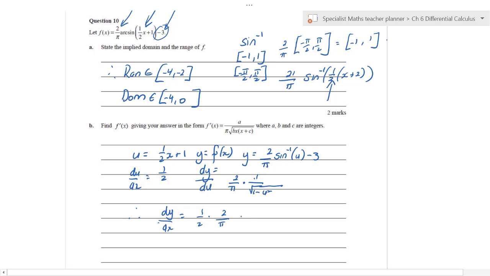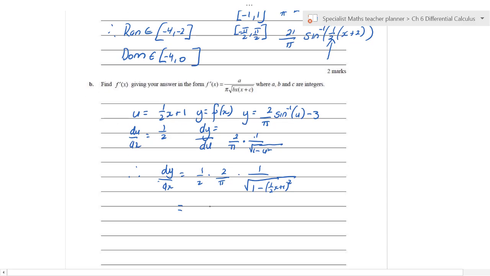times 1 over the square root of 1 minus u squared. Let's put u in, that's a half x plus 1 squared. Now, the 2's cancel out. We've got 1 over pi, but we're not in the form that we want. Let's do that now.